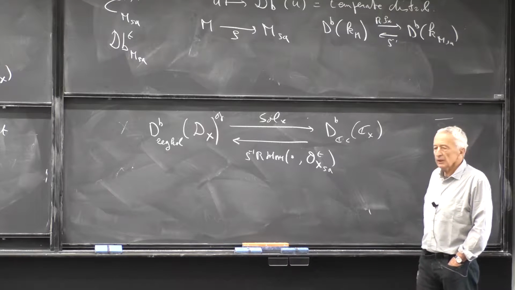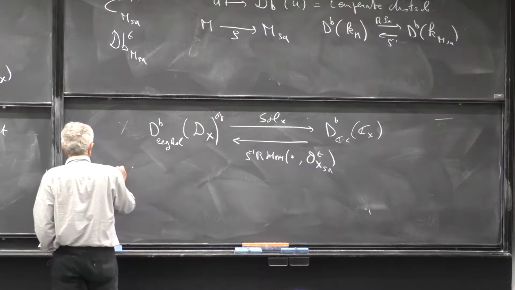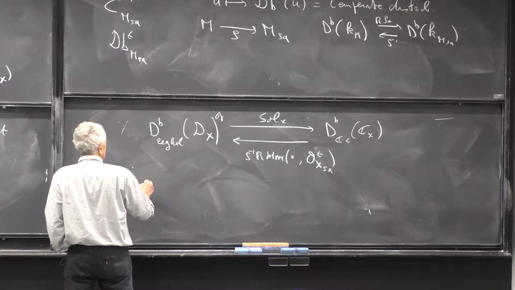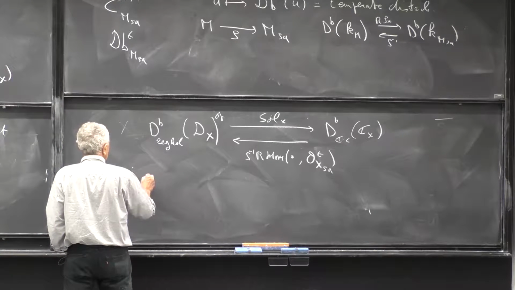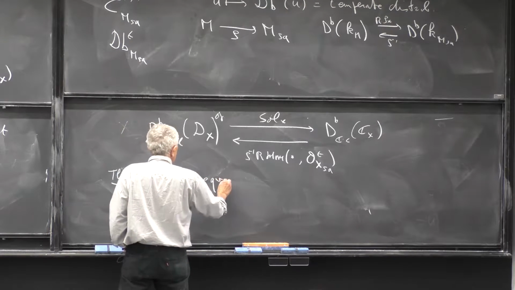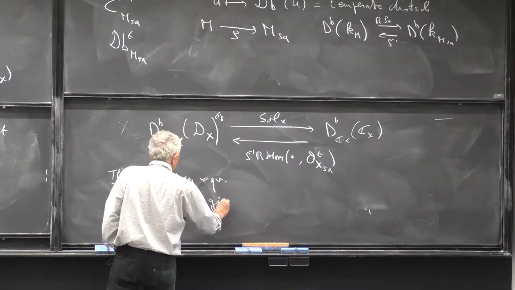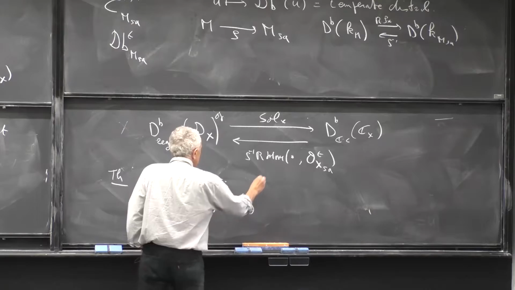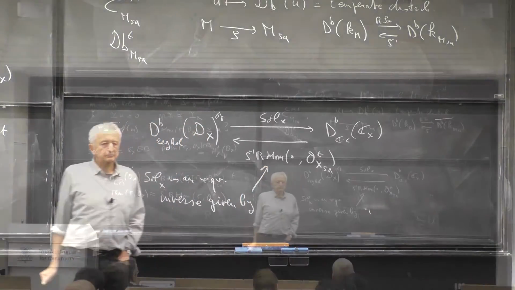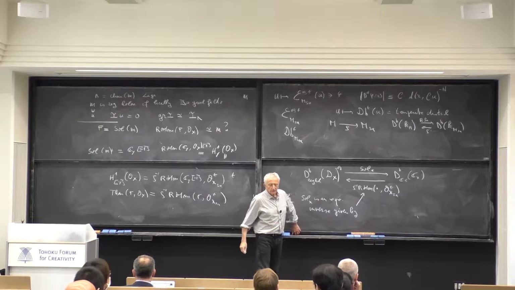So the theorem says that these two functors are inverse one to each other. Sol is an equivalence with inverse given by this one. Okay. So I give a sketch of proof.